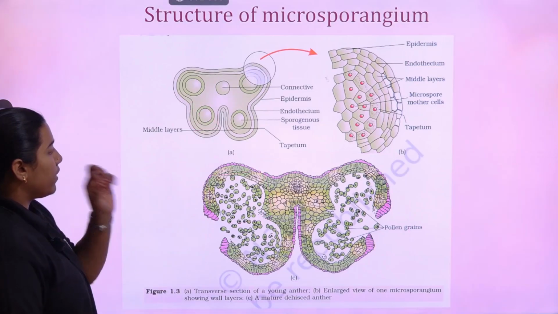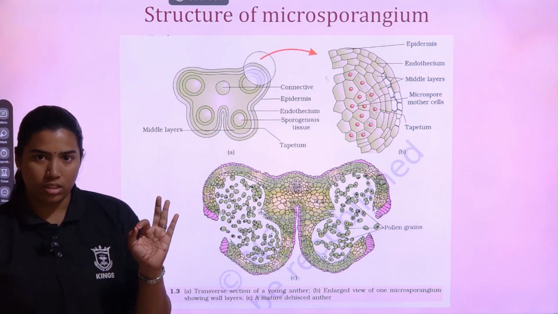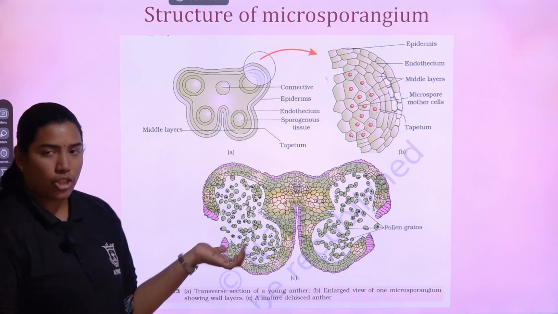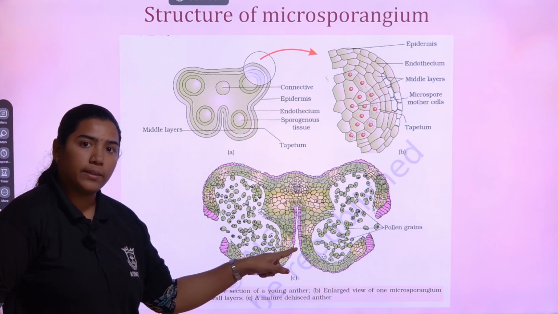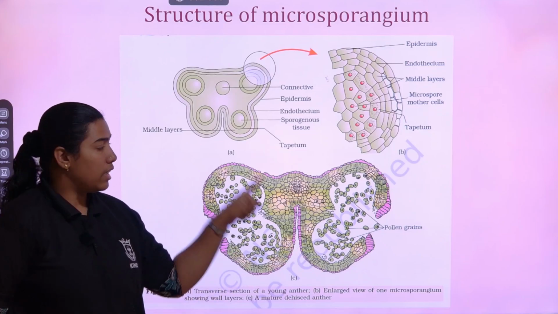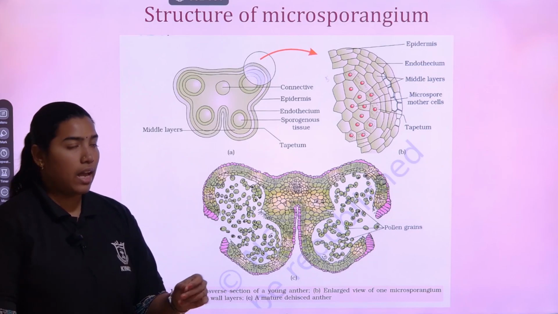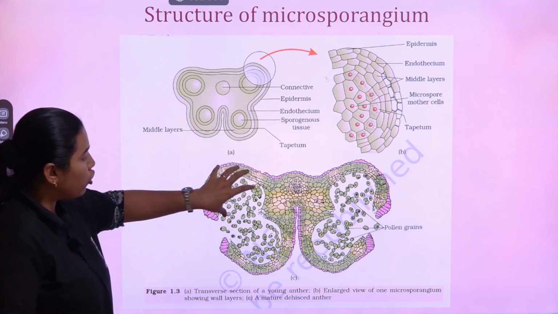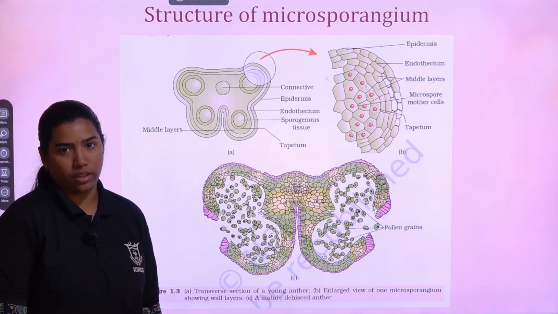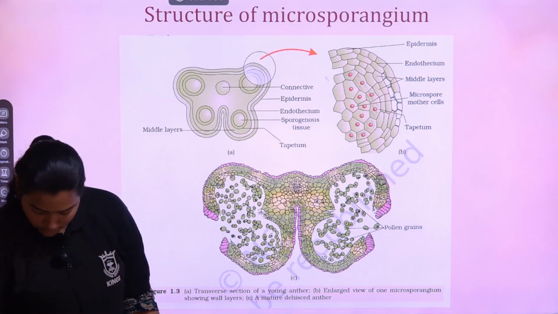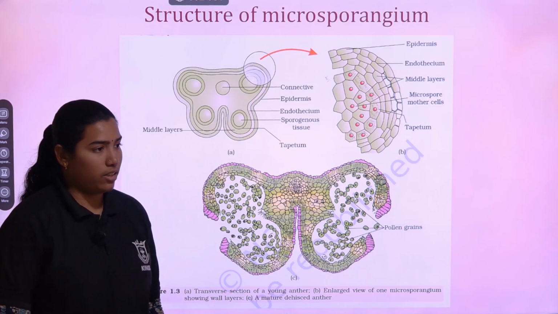When I say shape of the androecium, what should you say? The shape of androecium is tetragonal, and the shape of microsporangium, which is the place where pollen grains are made, is not tetragonal, it's circular in outline.